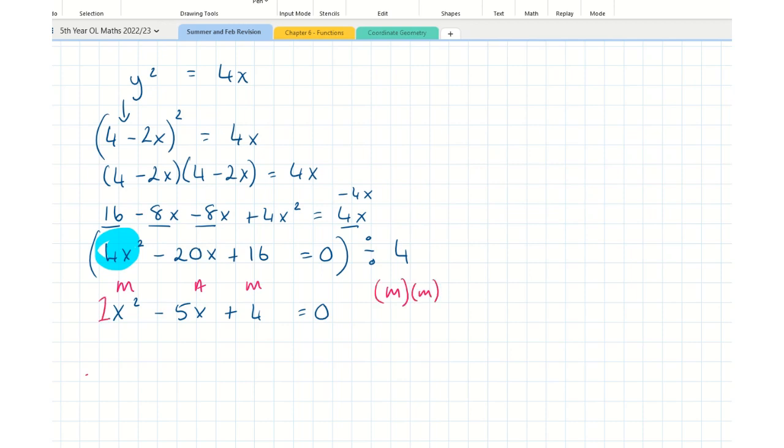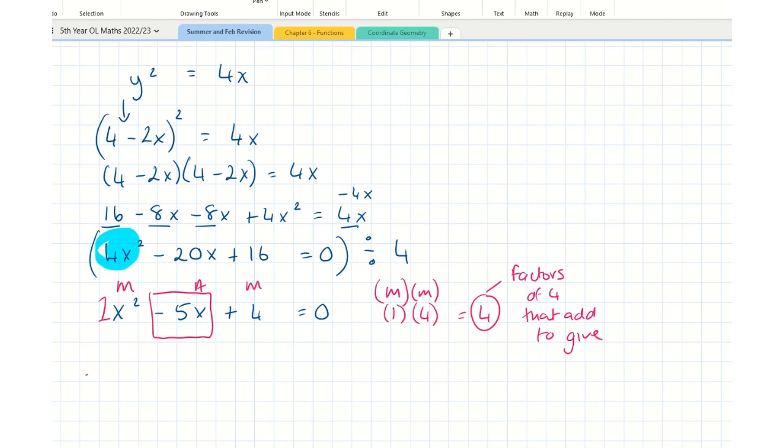This is 1 here, so let's multiply 1 by 4 to get 4. Now I'm looking for factors of 4 that add to give minus 5. I can see straight away that must be minus 1 and minus 4, because if you multiply them, they give you 4, and if you add minus 1 and minus 4, it gives you minus 5.